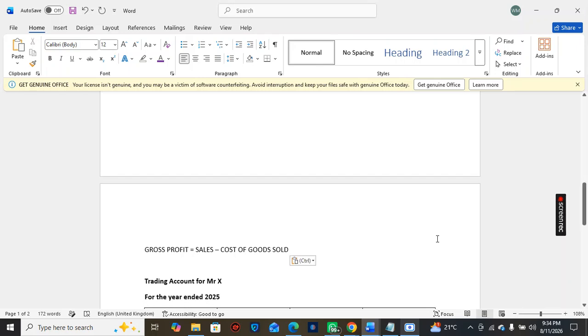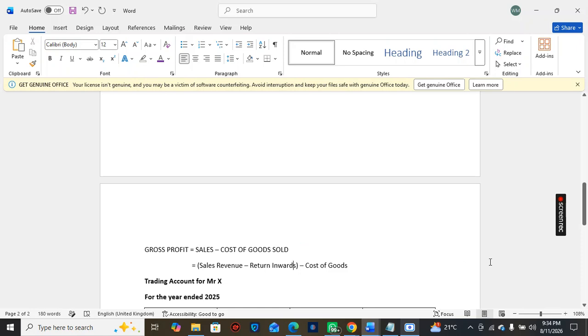So what we're doing here, the first part for sales, we need to say sales revenue minus return inwards. This figure breaks down to this.